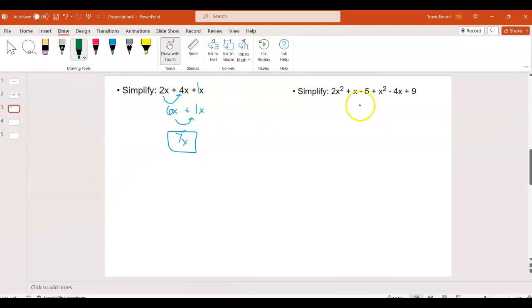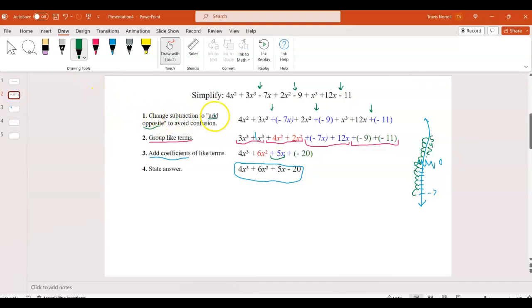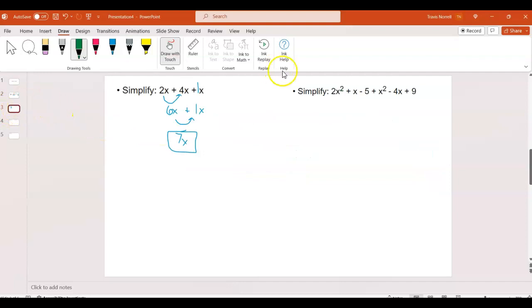If we look at this second one, we have 2x squared plus x minus 5 plus x squared minus 4x plus 9. So remember, the first step is to change subtraction to adding the opposite to avoid confusion.